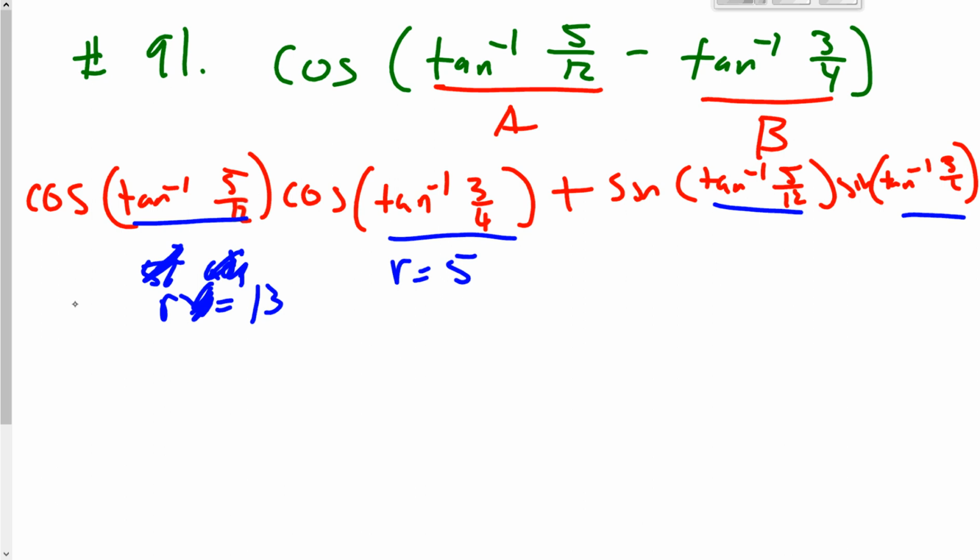So really, we're finding cosine of this right triangle. Cosine is x, which would be on bottom, 12 over r, 13. This one would be cosine of a different angle.